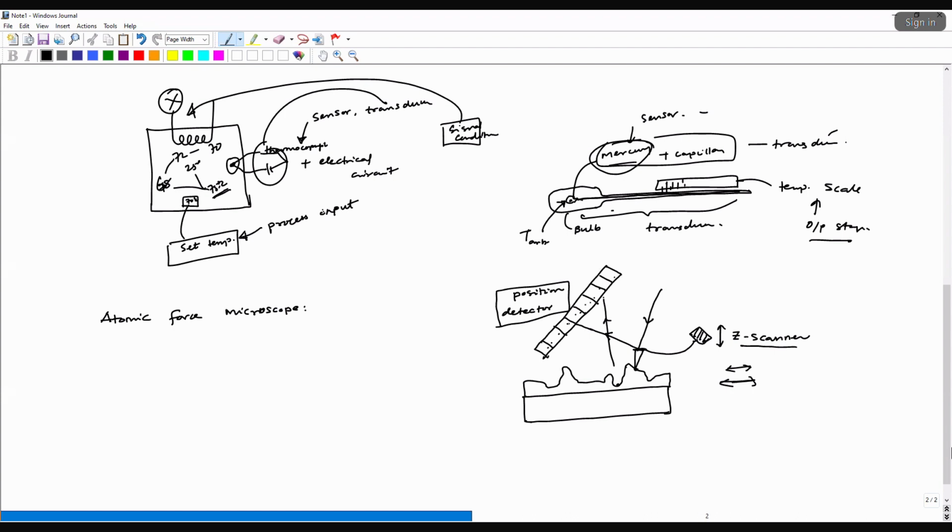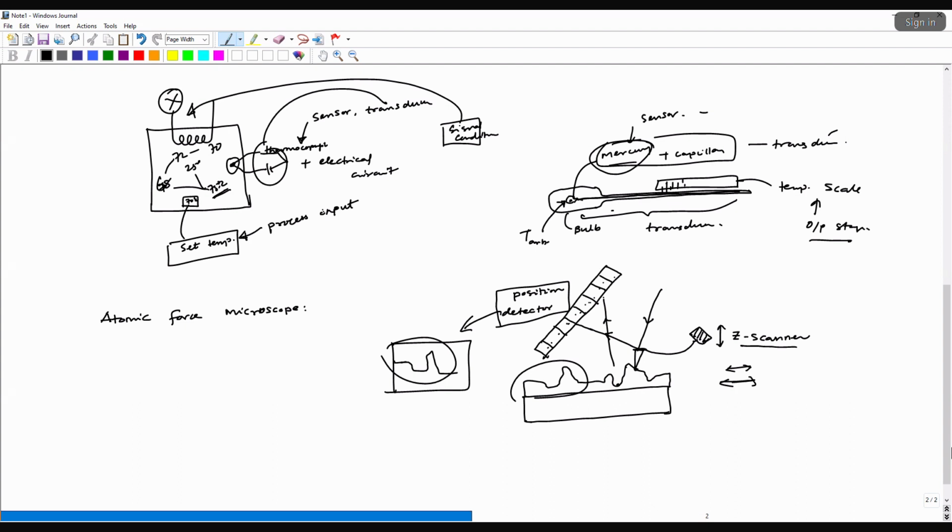Depending on which detector it falls on, they convert it into an equivalent signal, and on an output stage, they can reproduce this trajectory. Whatever you see in here, the same thing is reproduced on the screen.